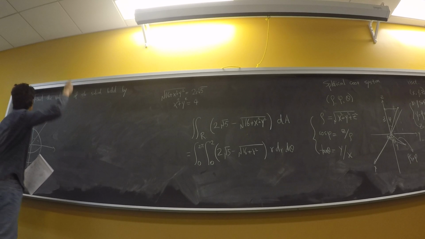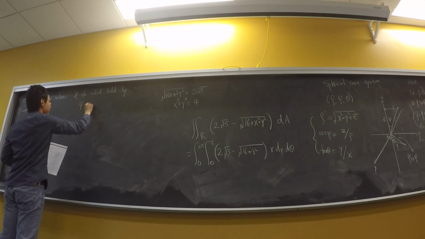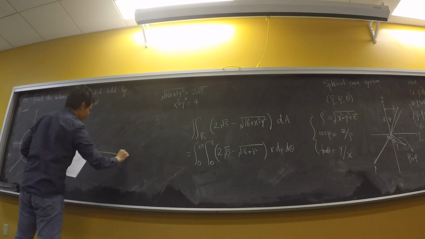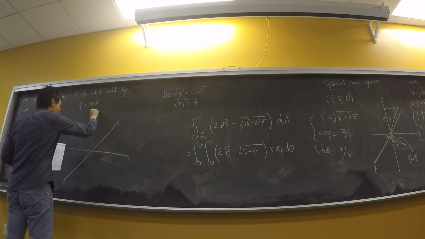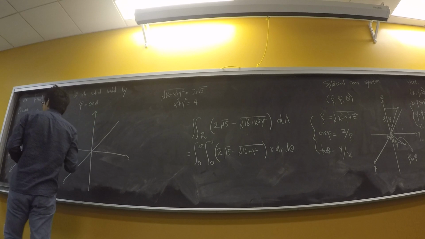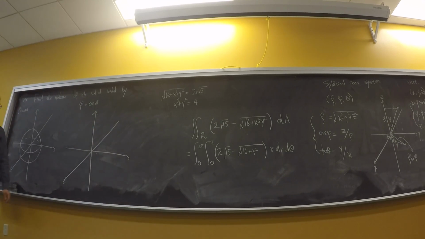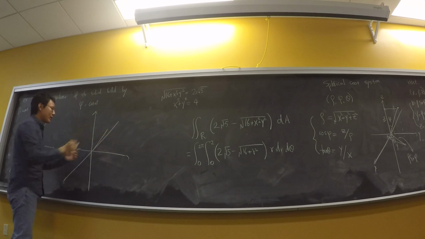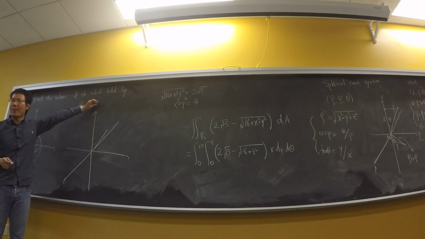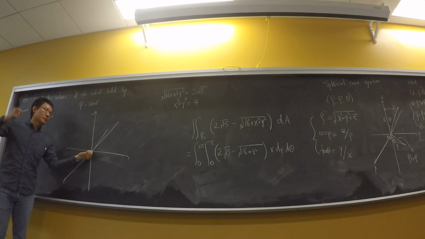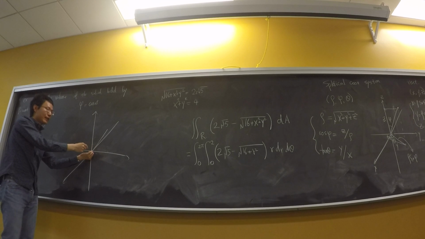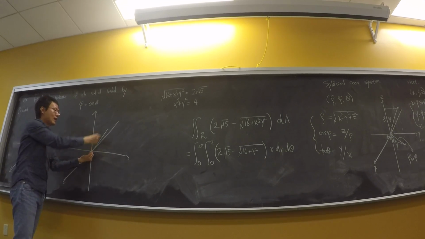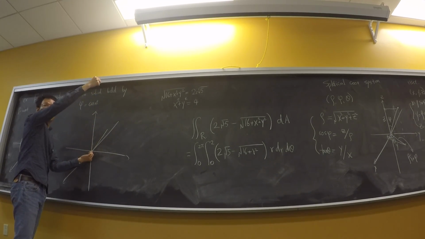I want you to also understand what it means for phi to be equal to a constant. If phi is equal to a constant, then the angle between the ray and the positive direction of the z-axis is a fixed angle, right? So imagine I'm fixing this origin, and I have a ray pointing from the origin.